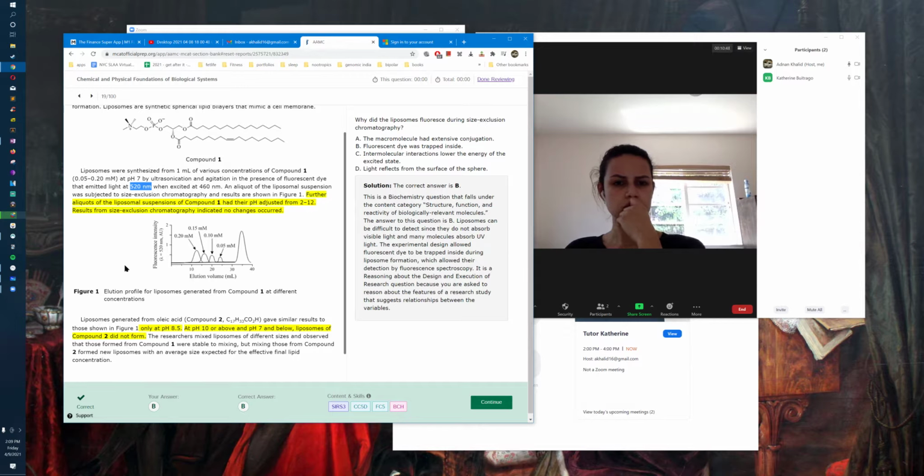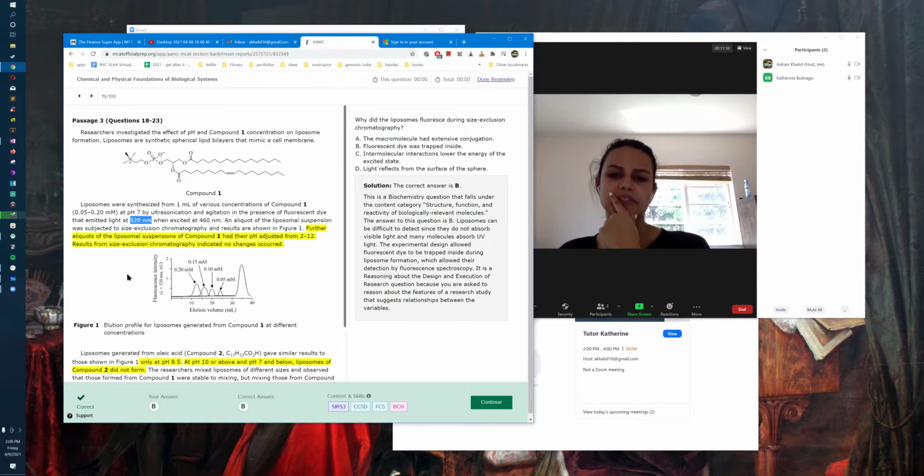Later on, they want to see the effect of pH on these aliquots of liposomal suspensions, but results from size exclusion chromatography indicated no changes.